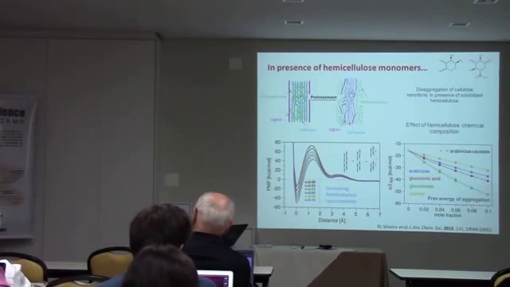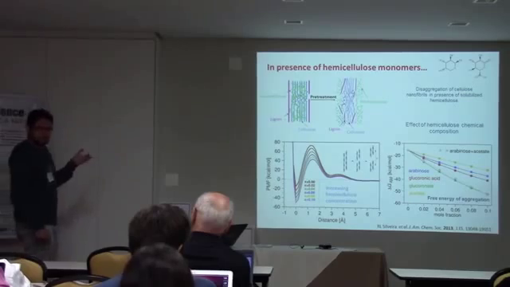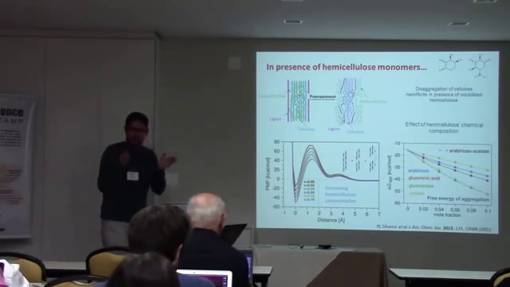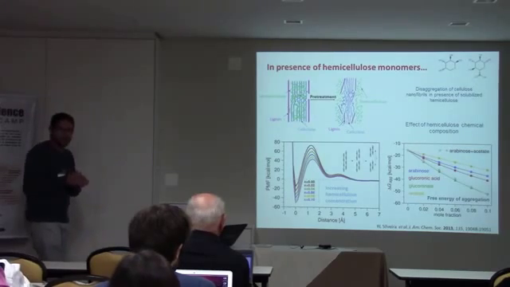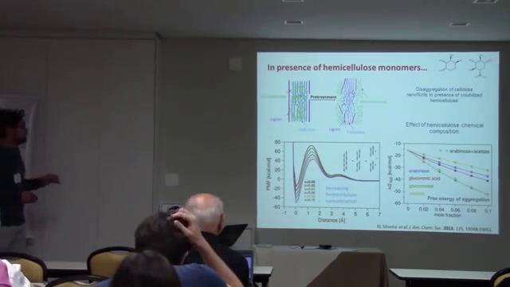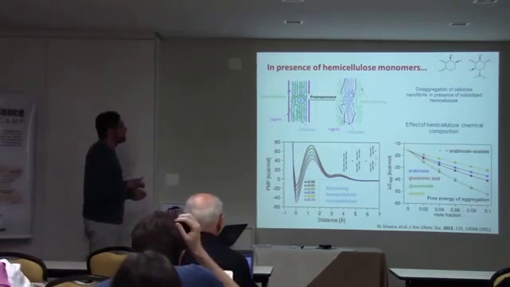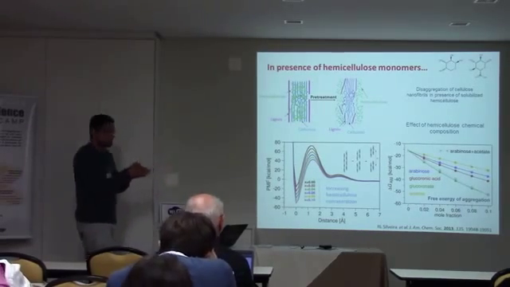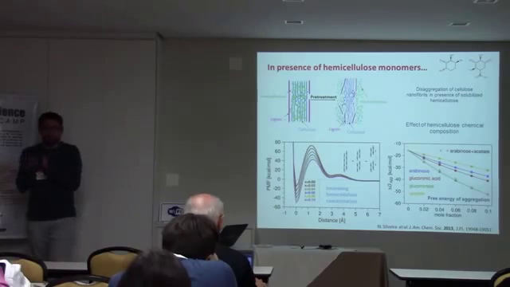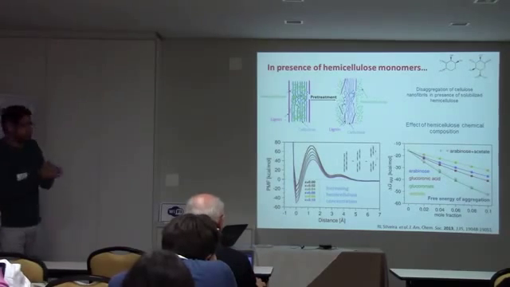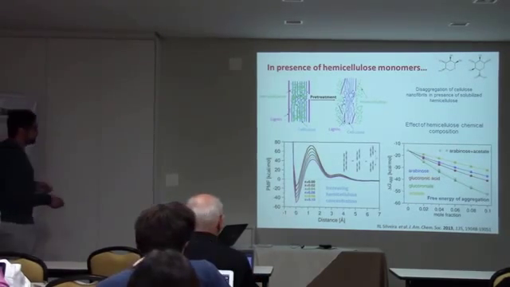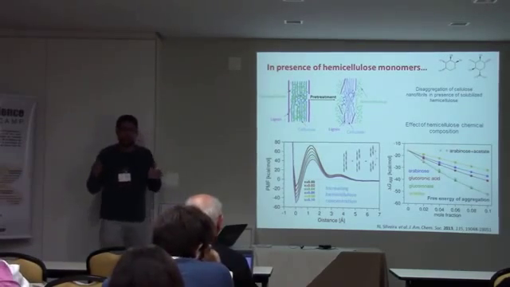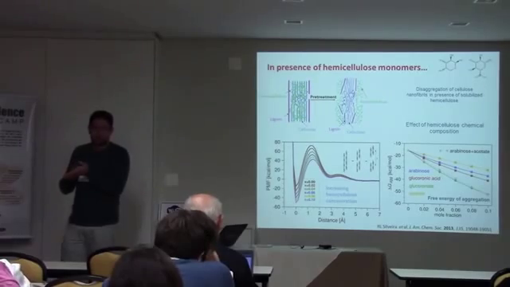So the question is: what is the effect of having monomers around the cellulose on the effective cellulose aggregation? It turns out that as you increase the hemicellulose concentration, the minimum of the free energy of cellulose aggregation gets deeper and deeper, which means that hemicellulose monomers can stabilize the cellulose contact.